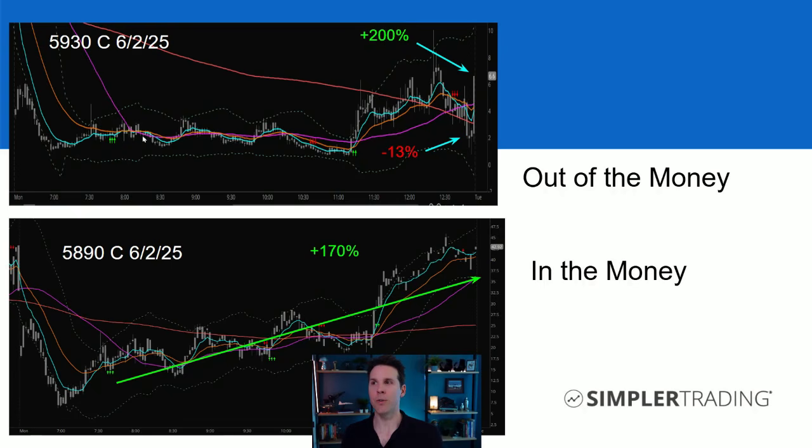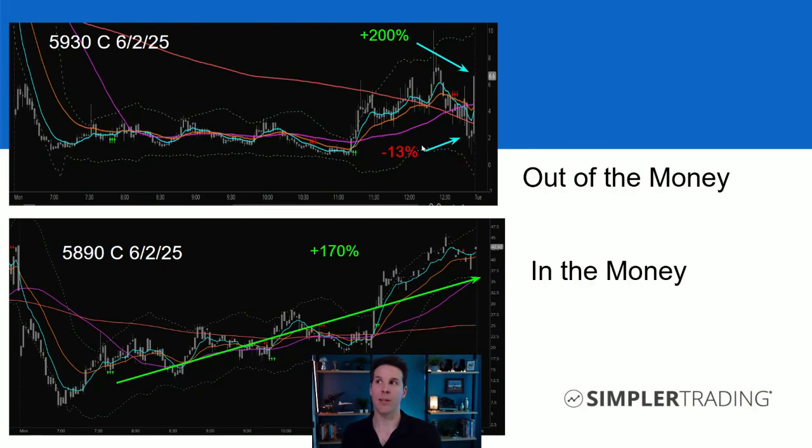And this is really where visualizing options is pretty darn neat, because this was a rough ride. Even if you got in here, you're negative, you're negative, you're negative. You're basically losing money all day long until finally the market moves up into or near that strike, and then suddenly it becomes worth something. Now, as it gets closer and closer to the end of the day, the SPX is just barely getting to 59.30.